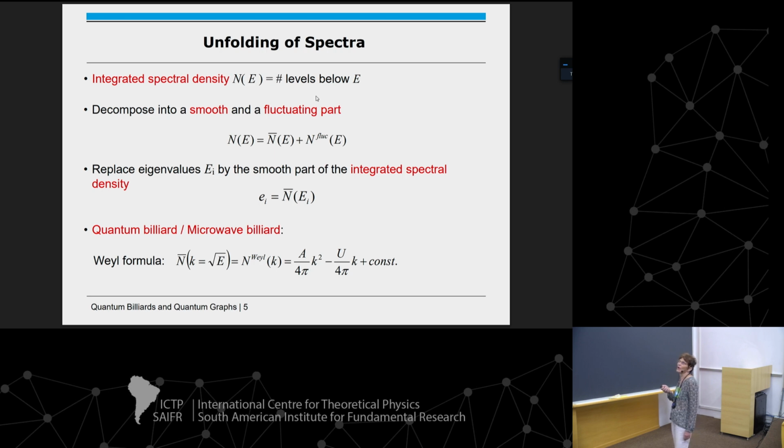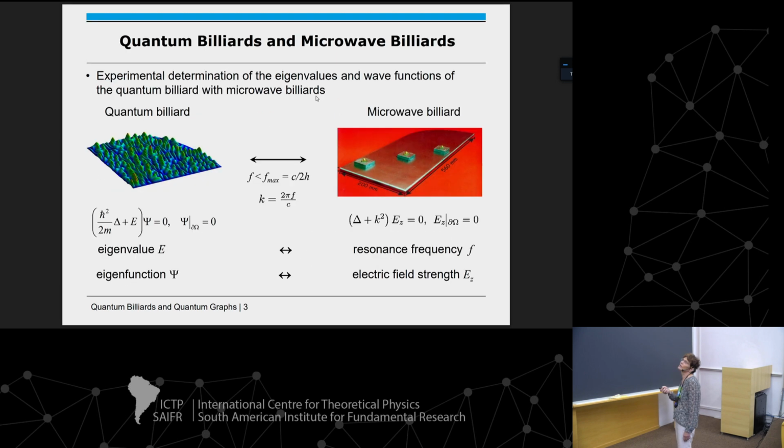When you have a two-dimensional quantum billiard, it's given by a polynomial of second order in the wave number, so k squared is equal to E, and we usually use wave numbers. I showed you the relation between frequency and wave numbers.